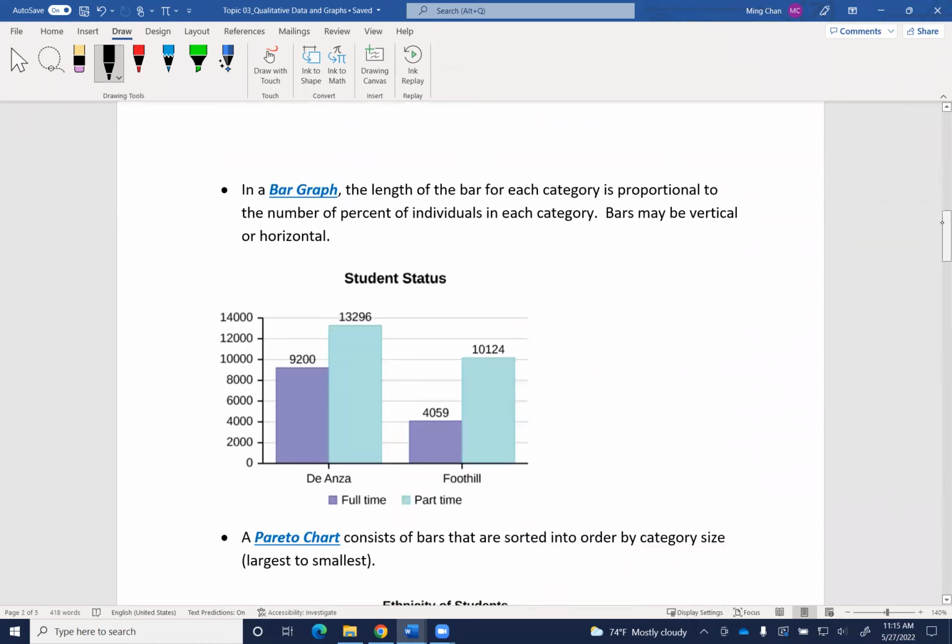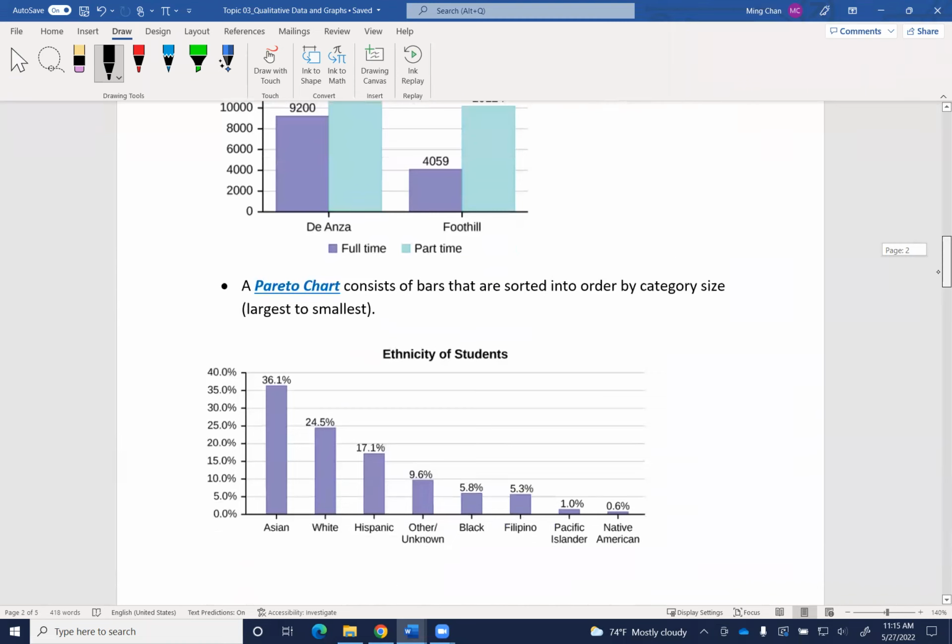Another good graph for qualitative data is called a bar graph. Again, the length of the bar for each category is proportional to the number or percent of individuals in each category. Another display, which we don't see very often, is called a Pareto chart.